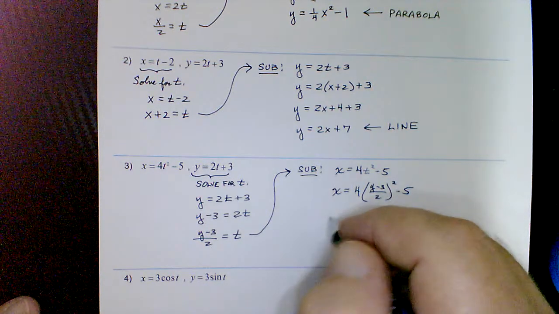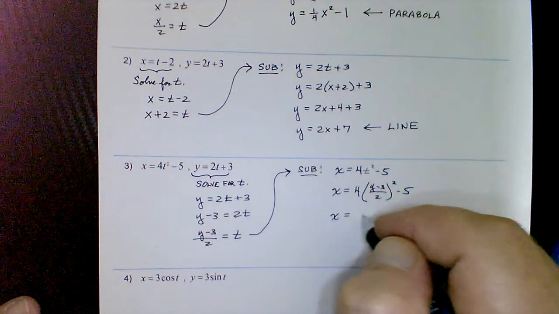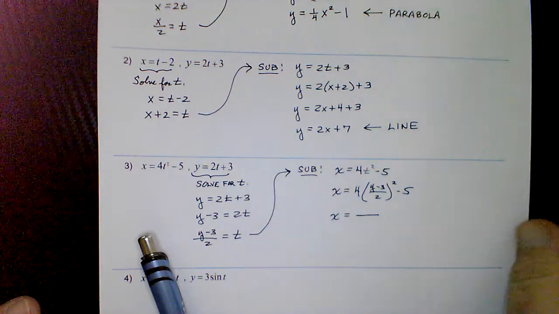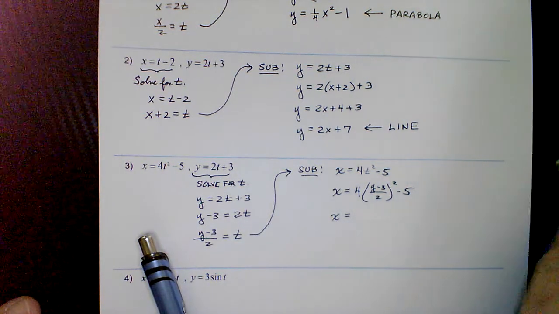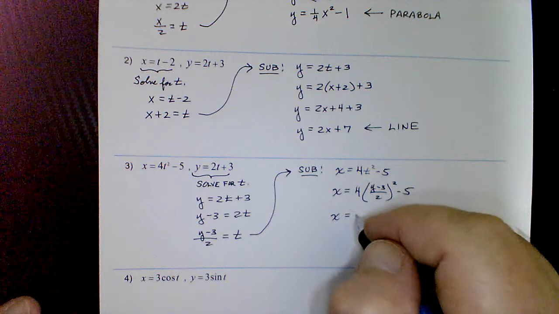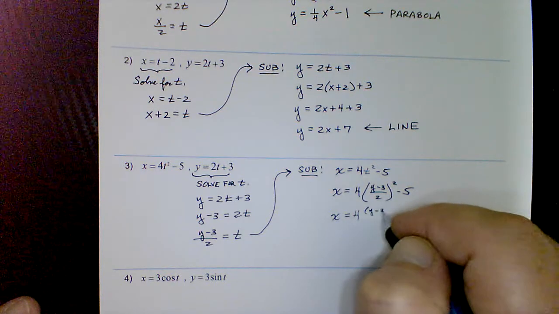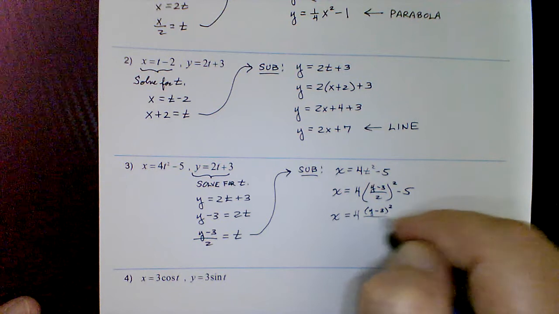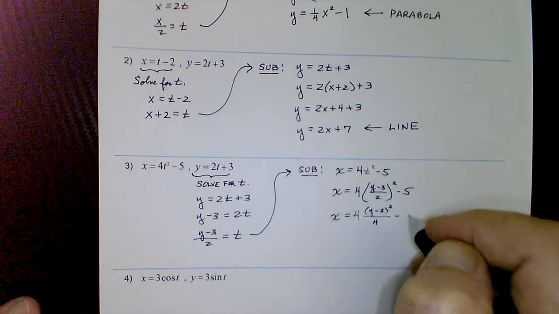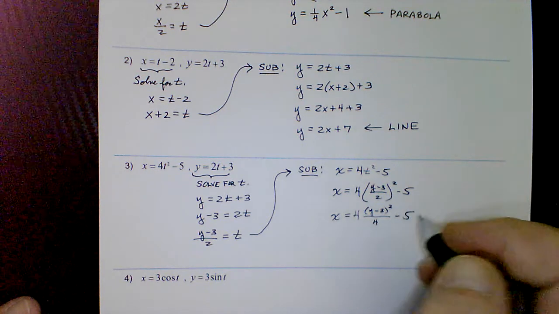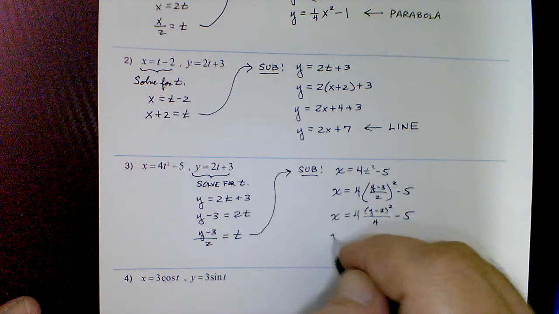Again, try to obtain a standard form. Here I'm going to take it a little bit slowly. So you have x equals 4. I'm going to square the numerator, but not literally yet. Square the 2 to get 4 in the denominator. Then the 4's will cancel.